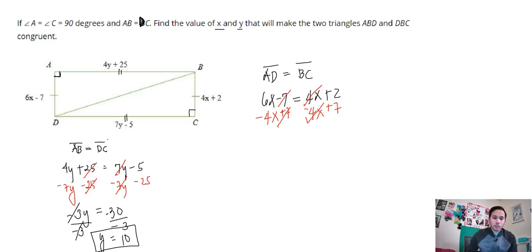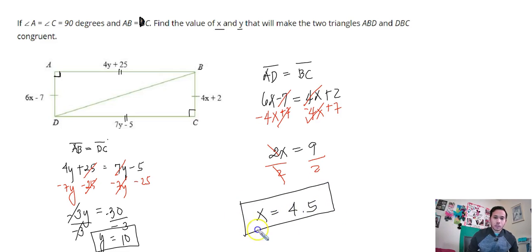This will be cancelled. So you have 6 minus 4, that's 2x, is equal to 9. So I'm going to divide both sides by 2. Therefore, your x is equal to 4.5. So those are the values of x and y in this overlapping triangle.